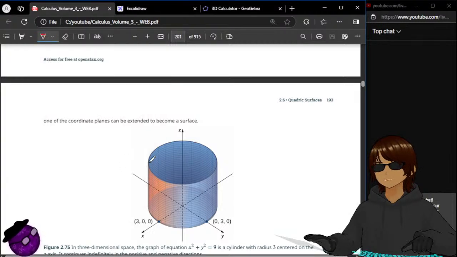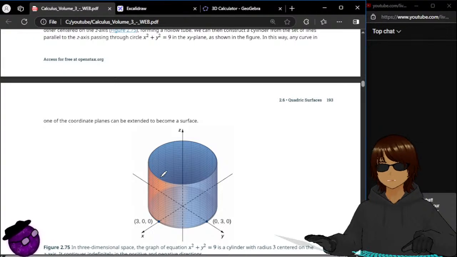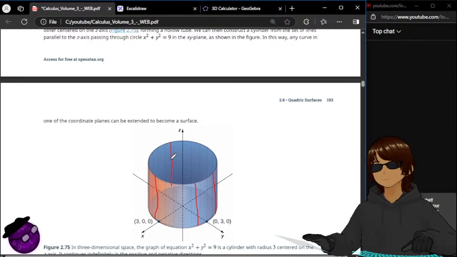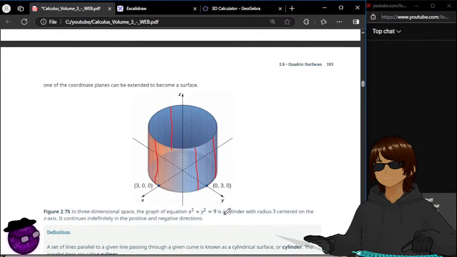So if I draw a straight line here, that's not straight. And if I draw a straight line here, and another one behind also. Basically, all these lines are parallel. I think this is what they're calling rulings.